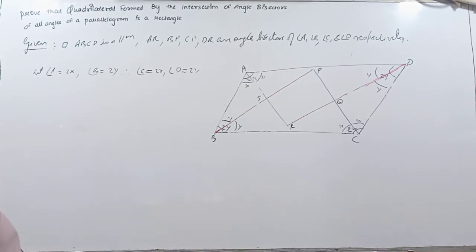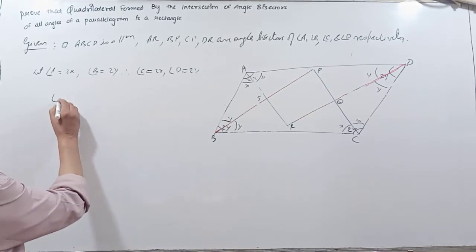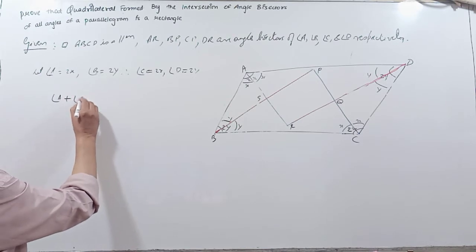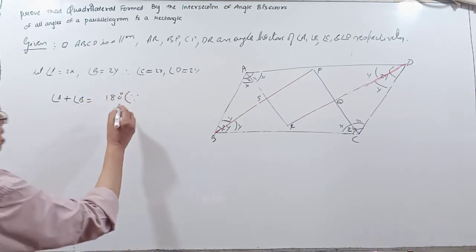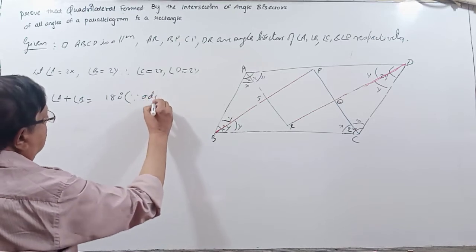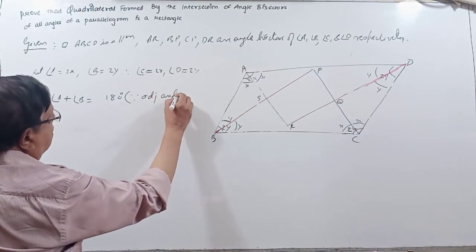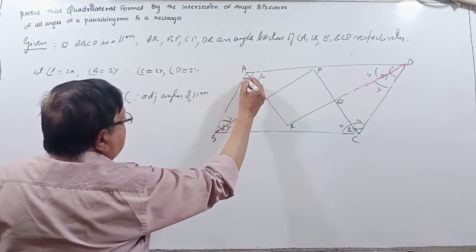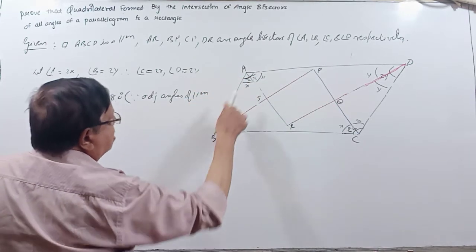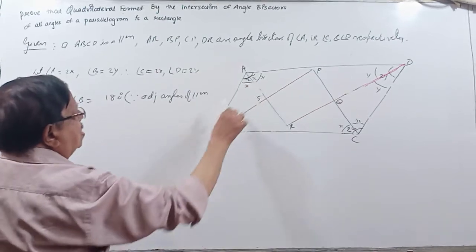Before going to triangle ASB, angle A plus angle B equals 180 degrees. The reason is adjacent angles of a parallelogram. This angle and this angle are adjacent angles of a parallelogram.